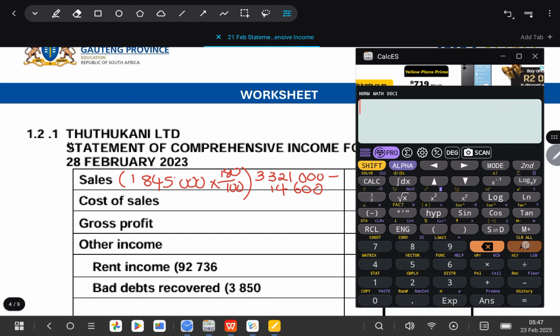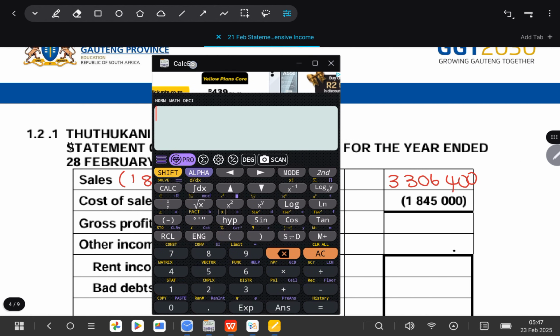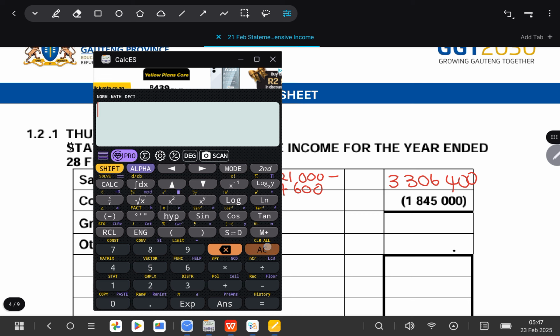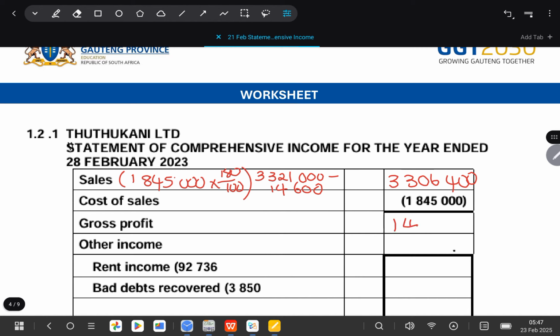Okay, so let me put it here so that we can calculate. 3,306,400 minus 1,845,000, and then it gives us 1,461,400. So we have already calculated our gross profit.